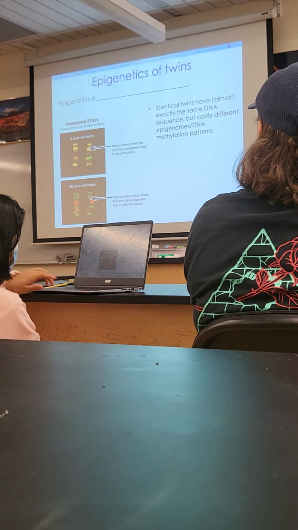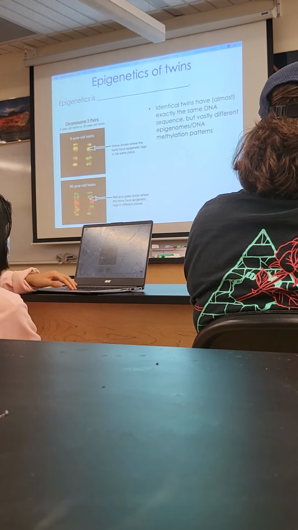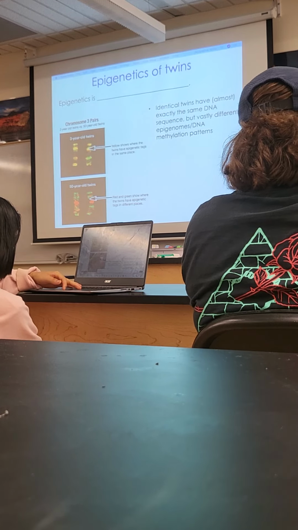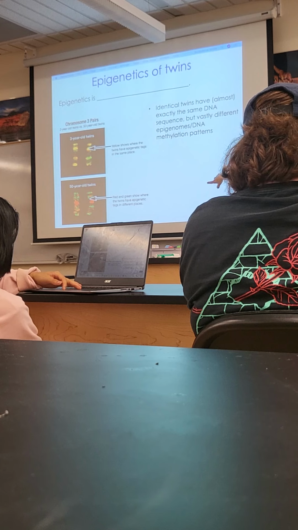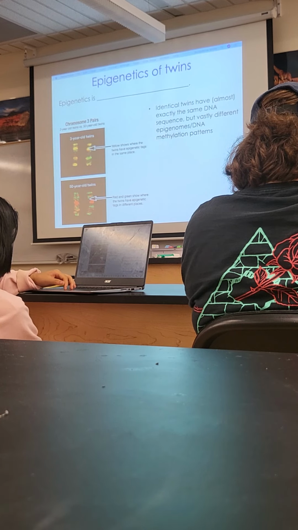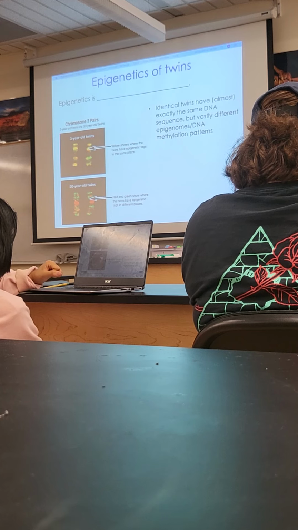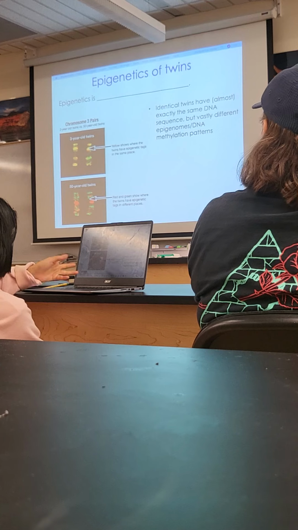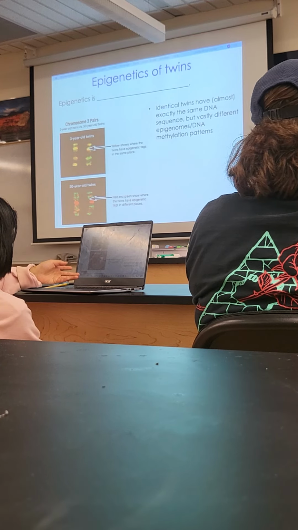But then they looked at another set, I don't think this was the same set in this particular study, a pair of 50-year-old identical twins. They did the same thing, labeling one twin with green and one with red, looking at that same epigenetic mark, and they found there was very little overlap after 50 years.